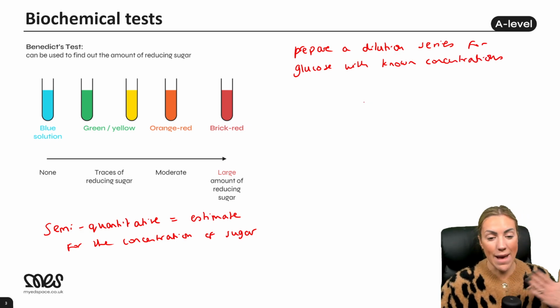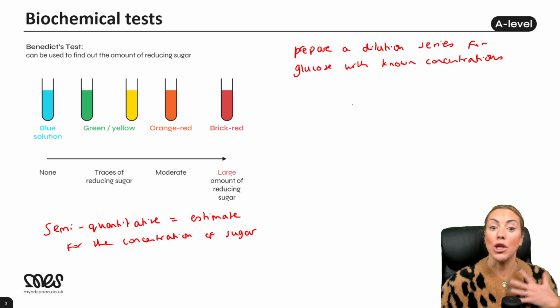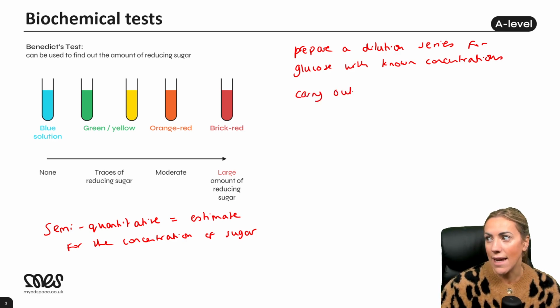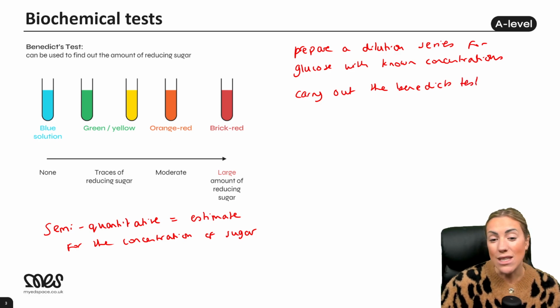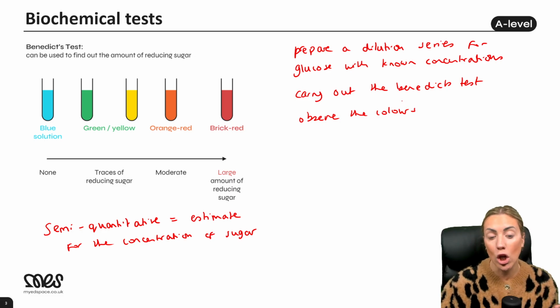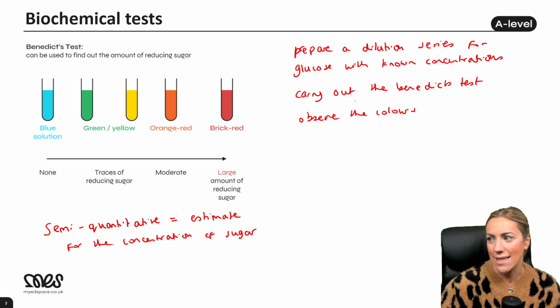So you'd prepare a range of different concentrations that you know, maybe 5 different concentrations would be a good range to use. On those known concentrations, you can then carry out the Benedict's test, which means you add your Benedict's solution and heat it in your water bath. You can then observe the colours and note down the observations. What colours have those known concentrations gone with the Benedict's test?